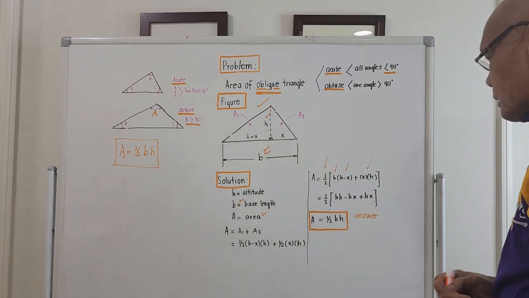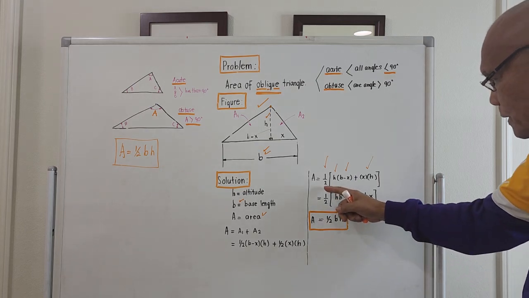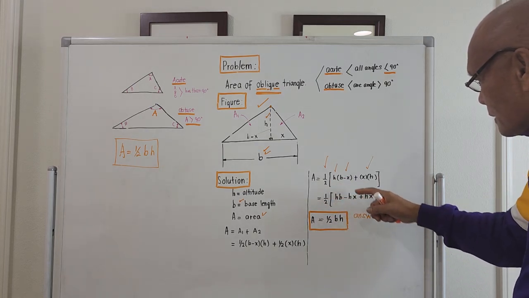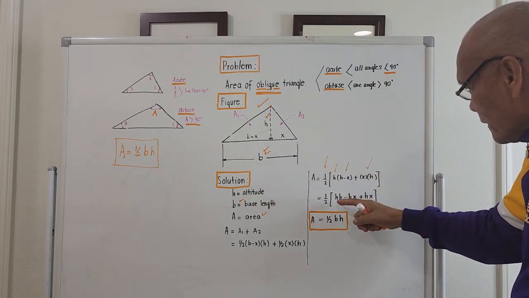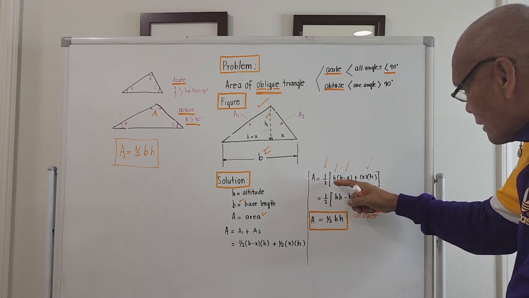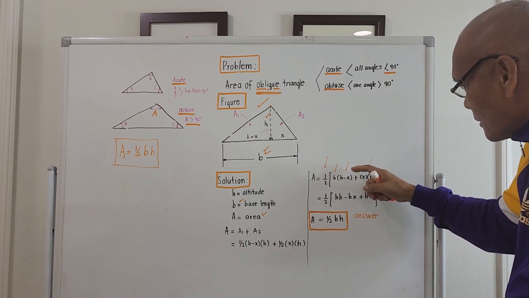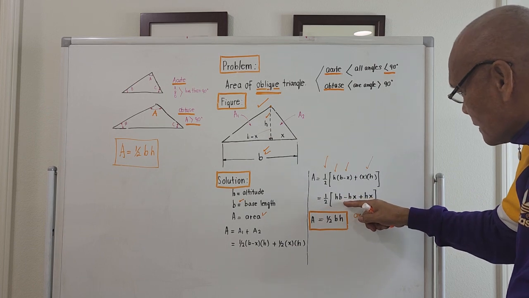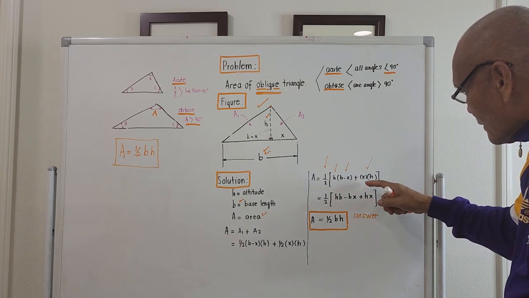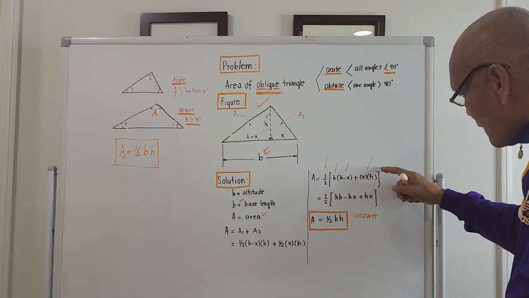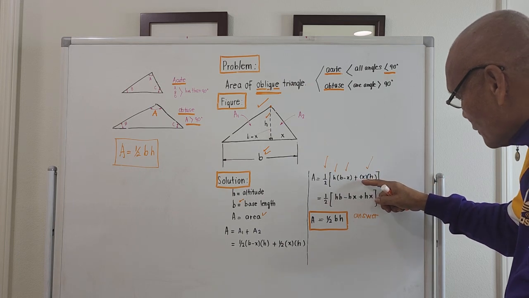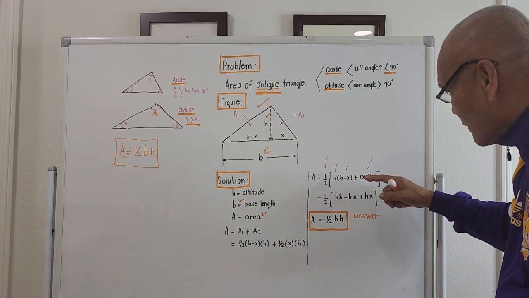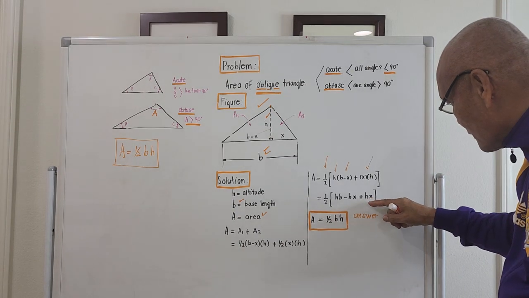Simplifying this, this should be 1/2, open bracket. The product of h times b will be hb. And the product of h times minus x, a plus and a minus, will be minus hx. And this is plus, right? The product of two pluses will still be plus, so this should be plus hx.